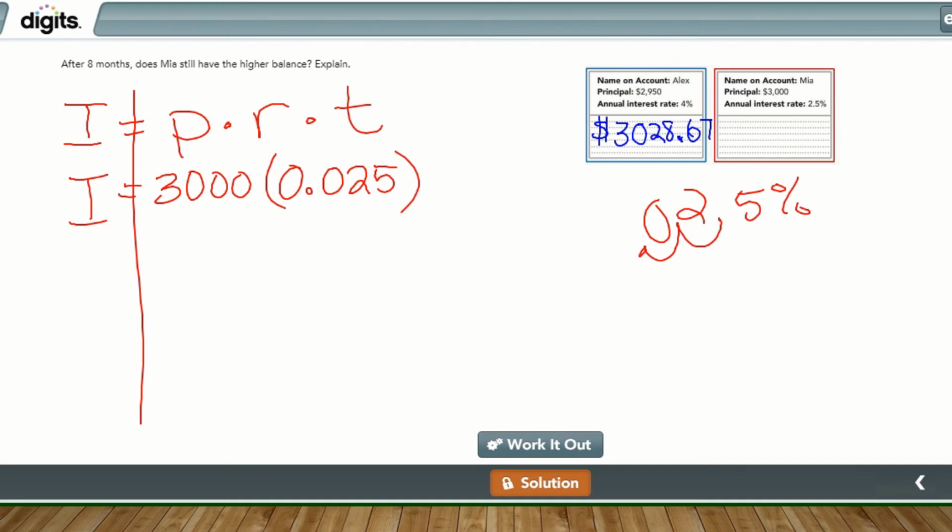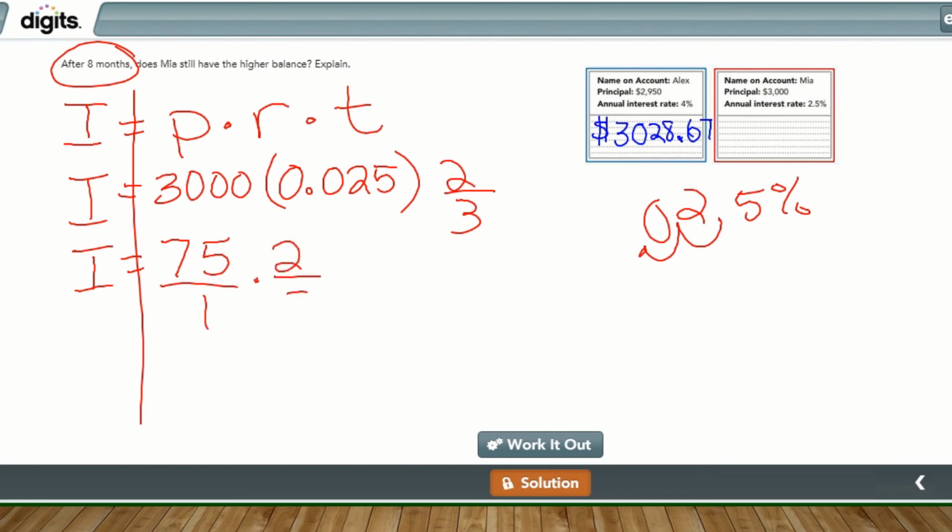Now our time, again, we can use the 2/3 because we're tracking 8 months. And remember to always convert your months to years because the T represents the time in years.